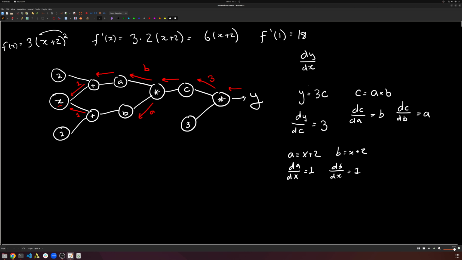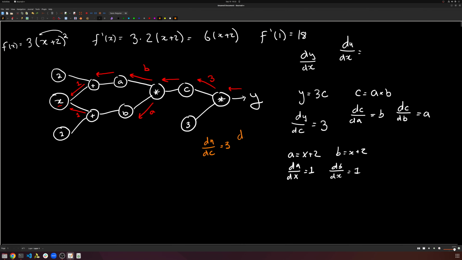Now, the important part here is the chain rule, right? What we're going to do is dy/dx is equal to every portion of c. So we're going to do dy/dc, dc/da, dc/db, and a and b add together to give the full derivative, and then we are back to x. So just so it's clear, we can now start multiplying our gradients together. dy/dc is 3.